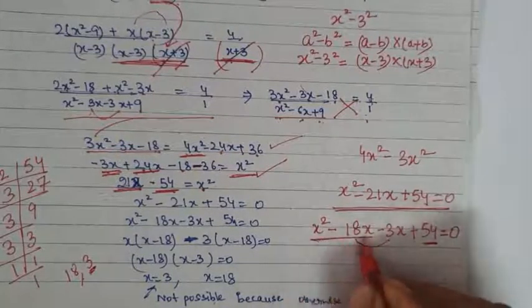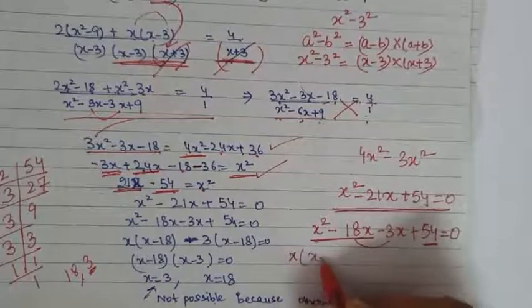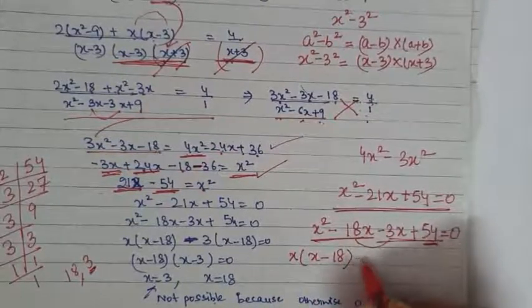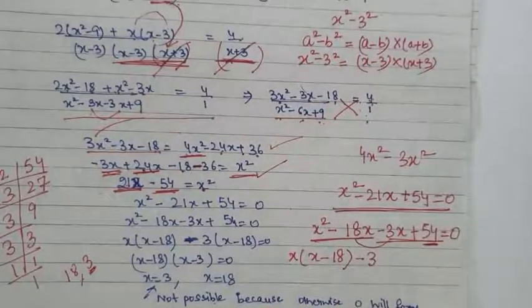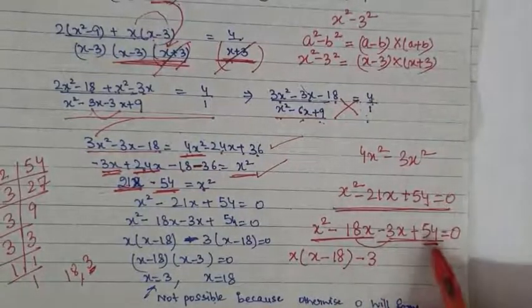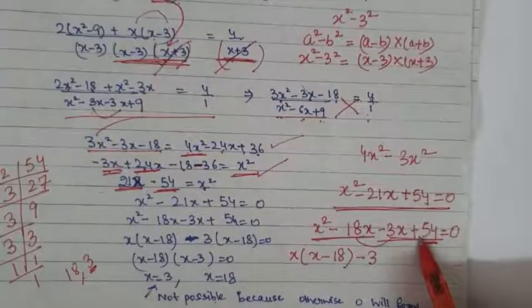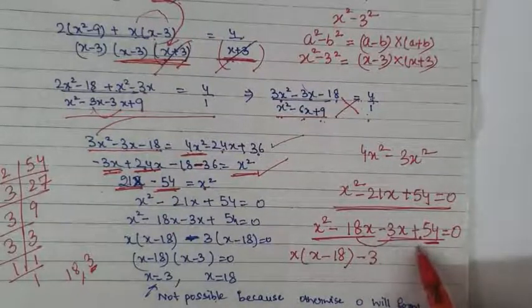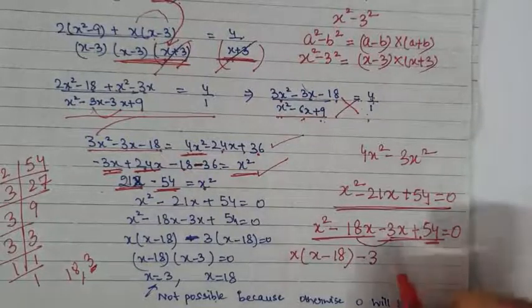Now take common x minus 18. Now minus 3 I am going to take common. Why? Because I need the negative sign here, and only if I take the negative sign common, then the internal signs will change.